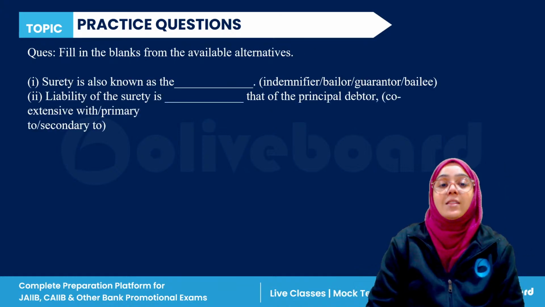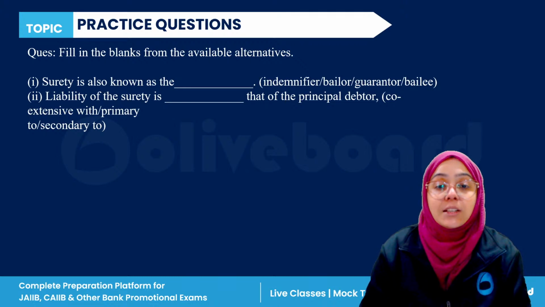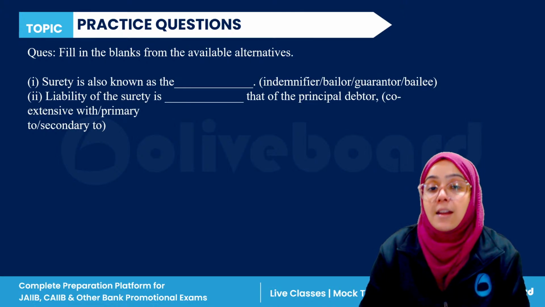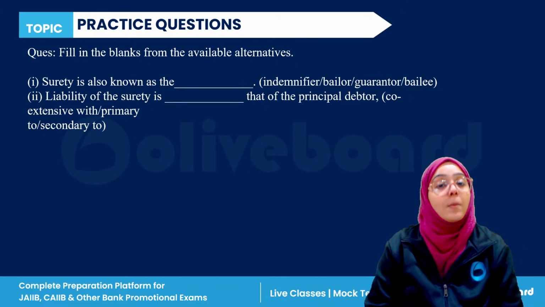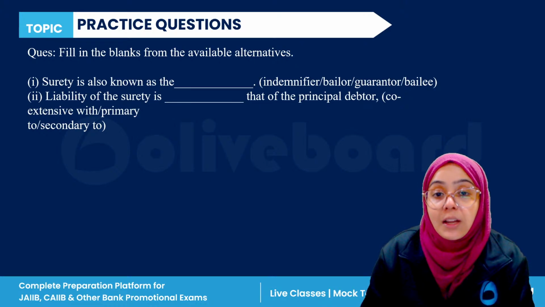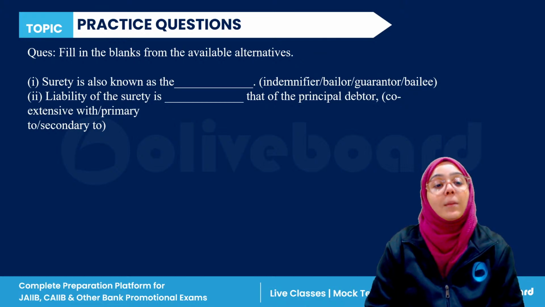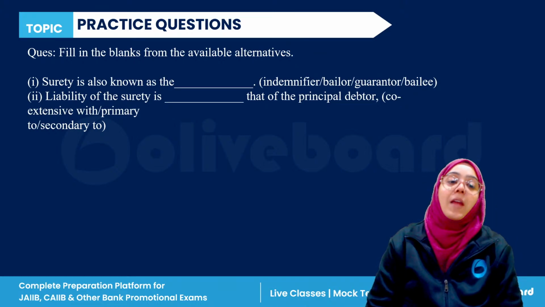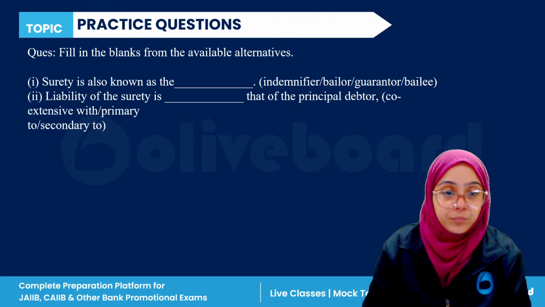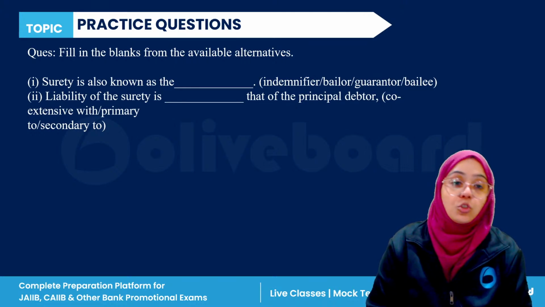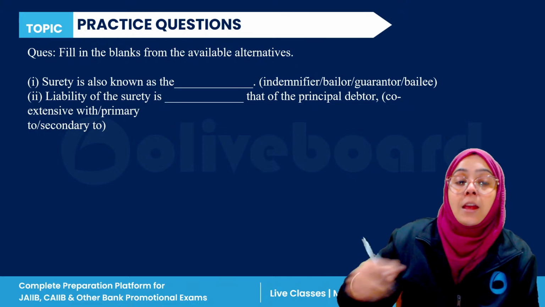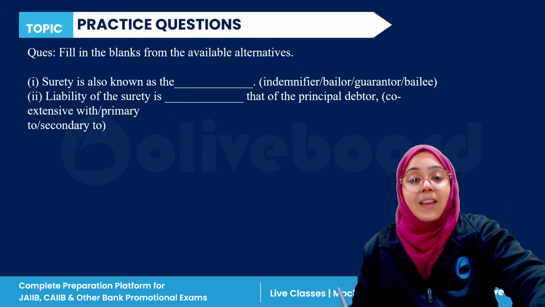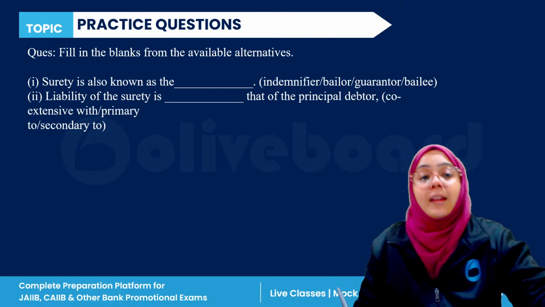Next question. Fill in the blanks. Surety is also known as the indemnifier, bailer, guarantor, or bailee, whereas the liability of the surety is dash that of the principal debtor: coextensive with, primary, or secondary. The surety's liability is always secondary, right?